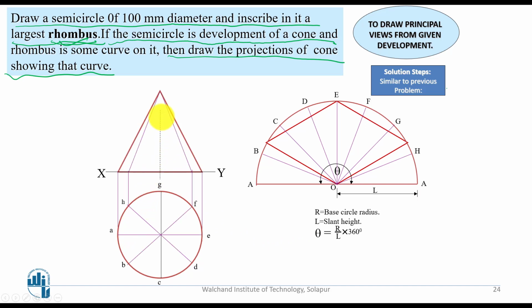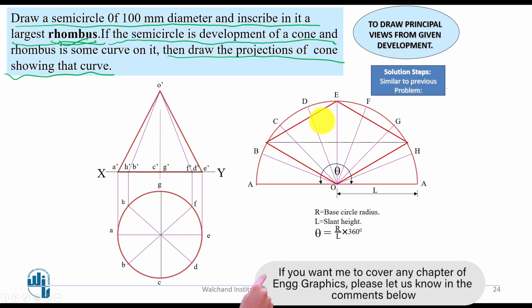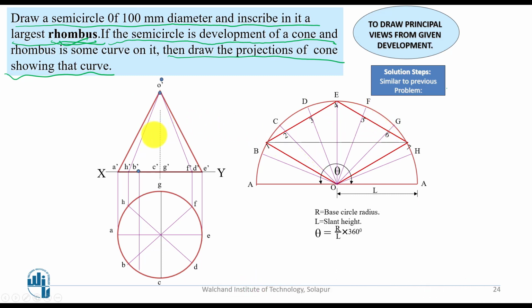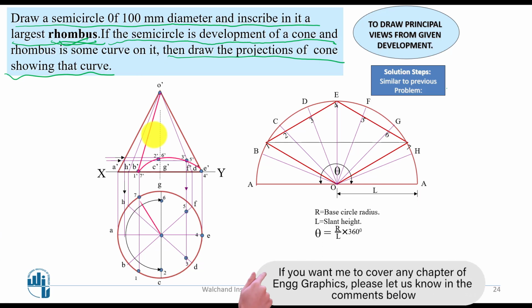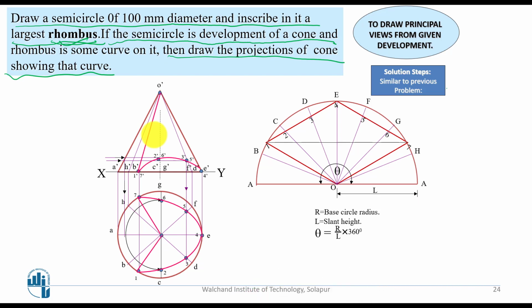Then you have to project it in the upward direction. Similar steps. Now you are expected to give the namings wherever the cutting points are there. Then transfer them onto this particular figure. You are going to get a curve of this particular nature. So you can practice this problem.